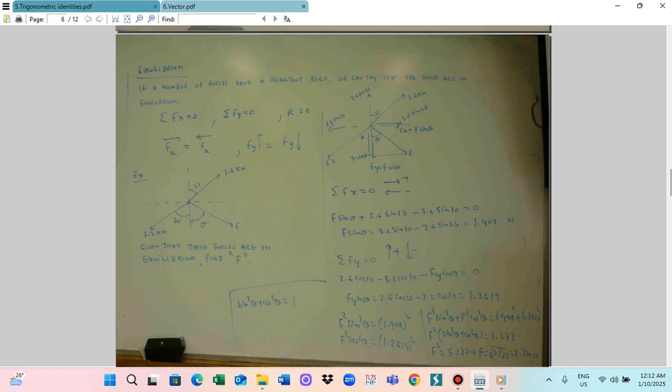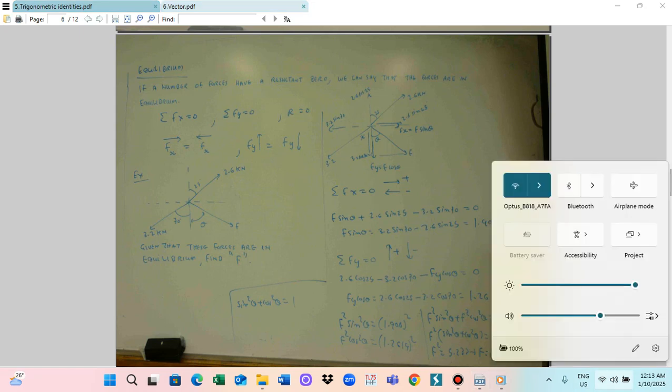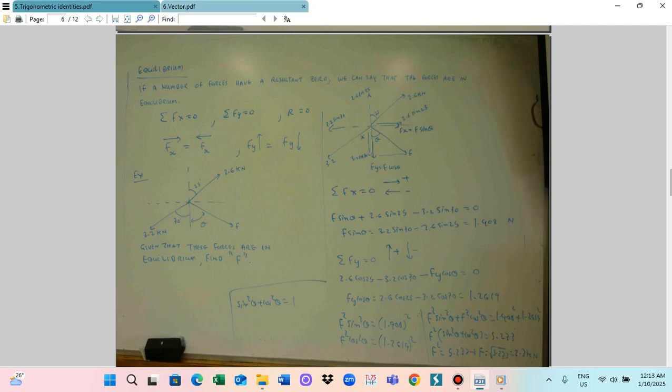And also, we can calculate summation Fy is equal to 0. This means that all the outward force and all the downward force added become 0. So the outward force is 2.6 cos 25, plus, but 3.2 cos 70 and the F cos theta are going downward, so you say minus 3.2 cos 70 minus F cos theta is equal to 0.